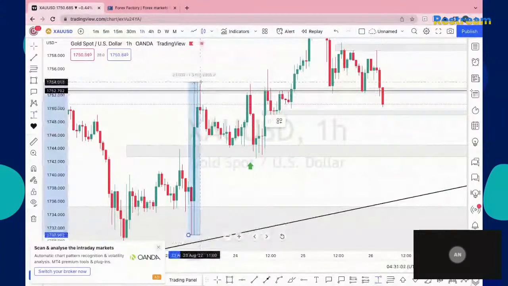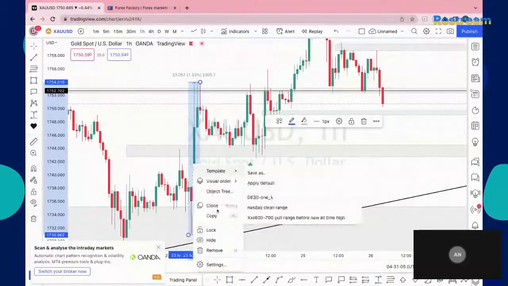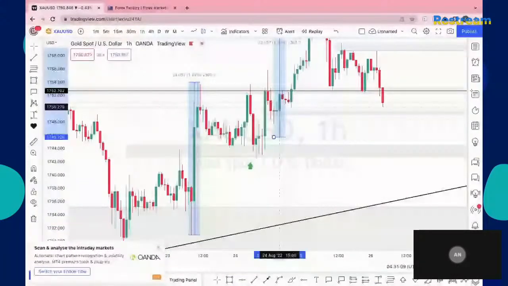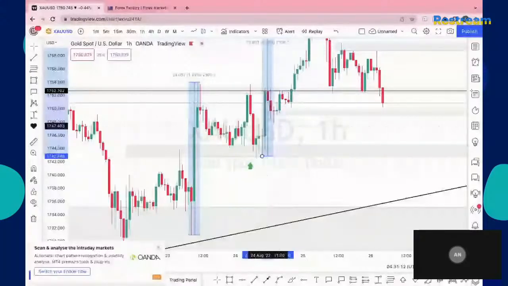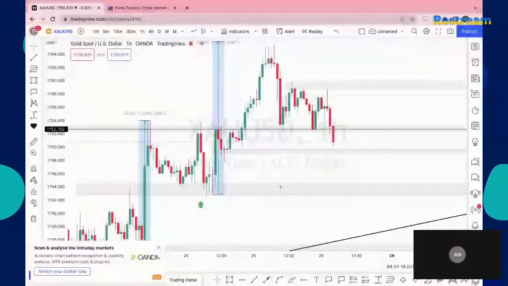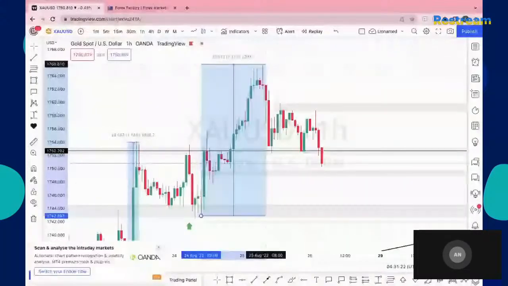But this move here, right? You see, if I just drag this to the other side, you can see that it was there.